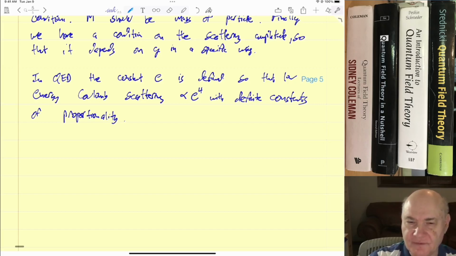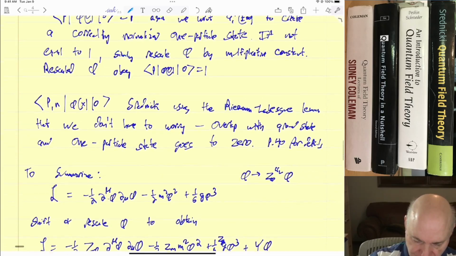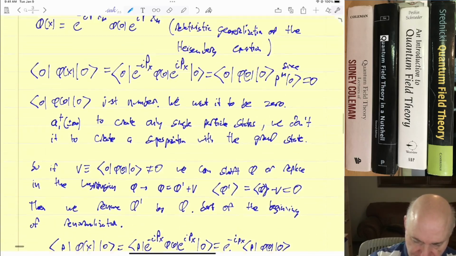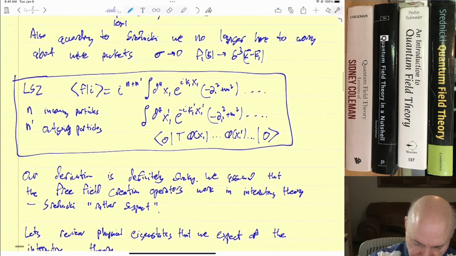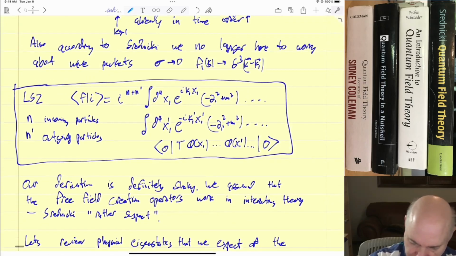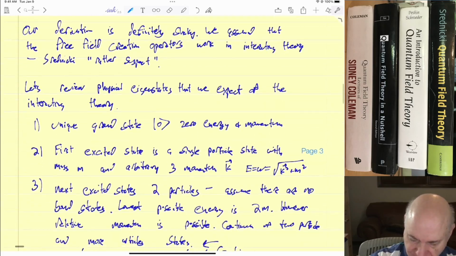So that's all I'll have to say for now about LSZ. The main thing is you be comfortable with the actual LSZ formula, which I have in a box up above. This is the main thing. And you'll see how this is implemented.